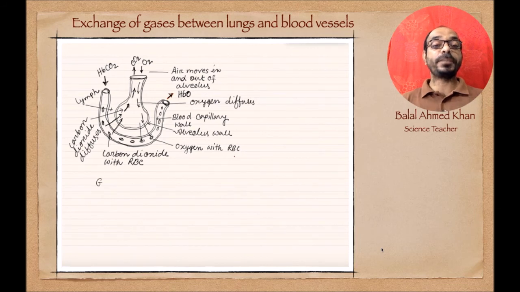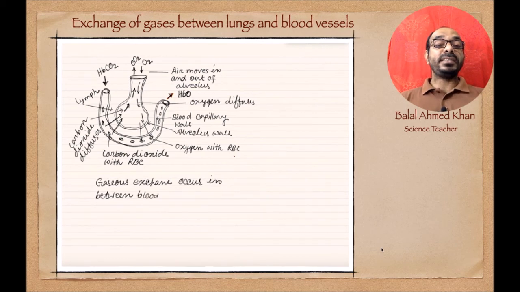The intercellular space between the alveolus and blood capillary is the lymph. Sometimes it acts as a medium. These are interrelated parts with the exchange of gases. Lymph also acts as an exchanging substance.